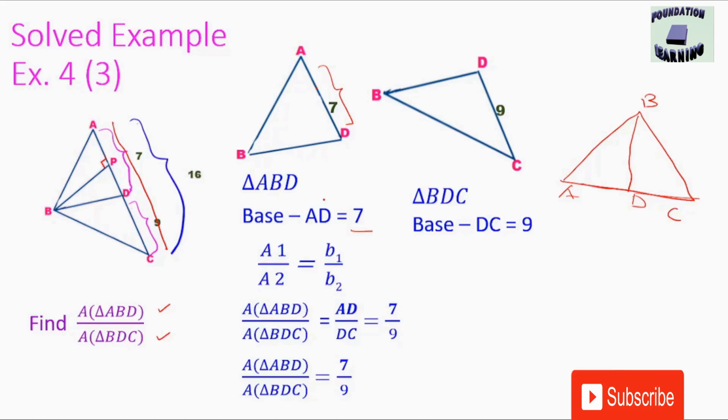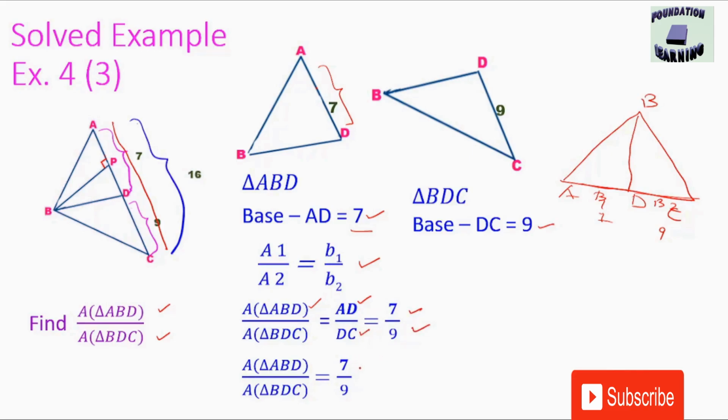So we have written here AD is 7, DC is 9. Again, formula A1 upon A2 is equal to B1 upon B2. And what is B1 in area of triangle ABD? It is AD, right? This is B1, this is B2, this is 7, and this is 9. So AD upon DC is equal to 7 upon 9.